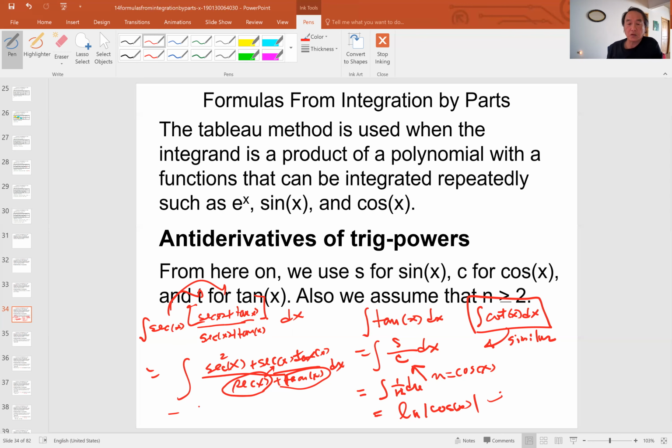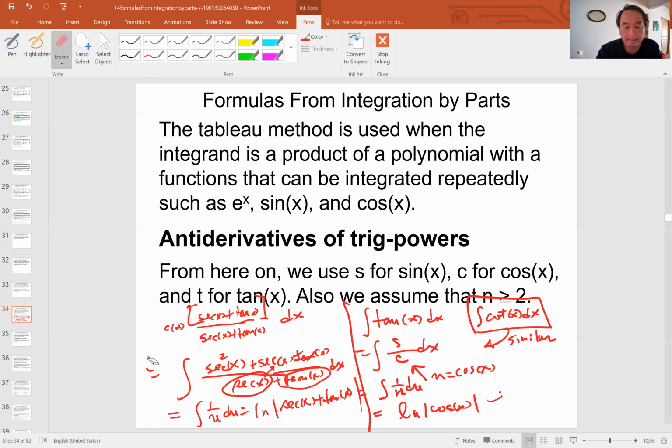In other words, if you do a substitution, this is 1 over u du, and this is again log of u, and what's u? The u is secant x plus tangent x. It's worthwhile to remember these tricks. It's used once, okay? So you get these formulas, at least I know how to integrate secant of x.